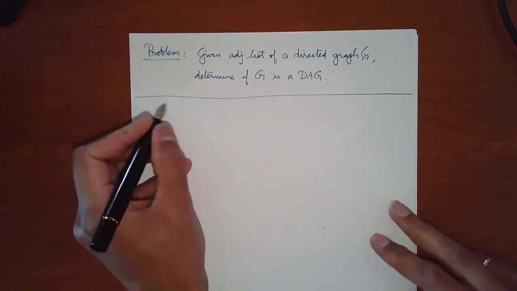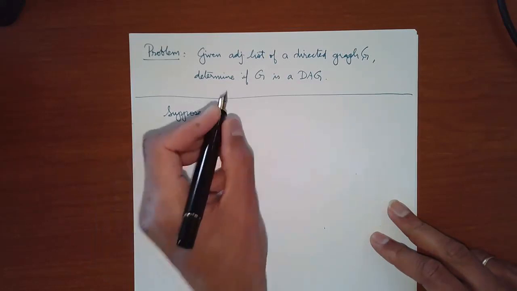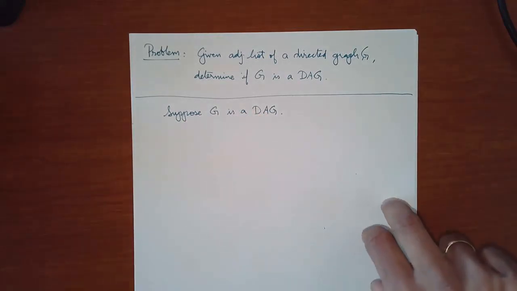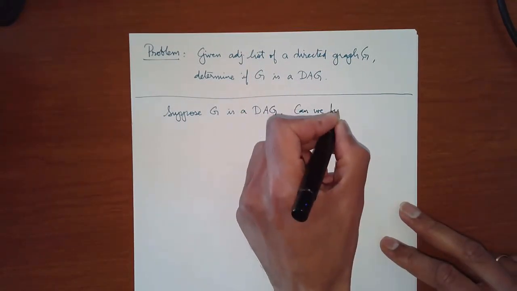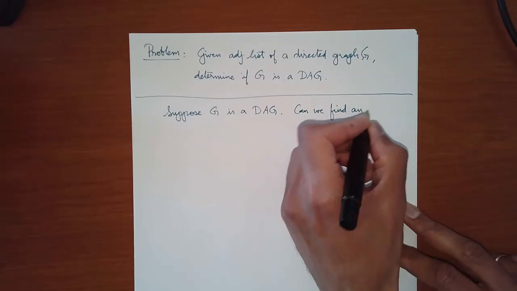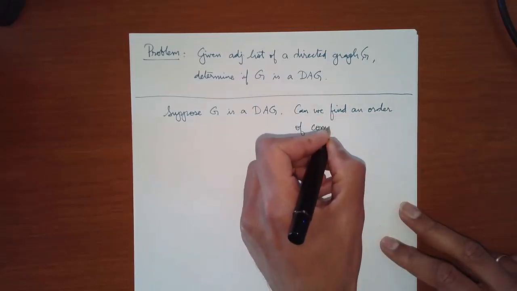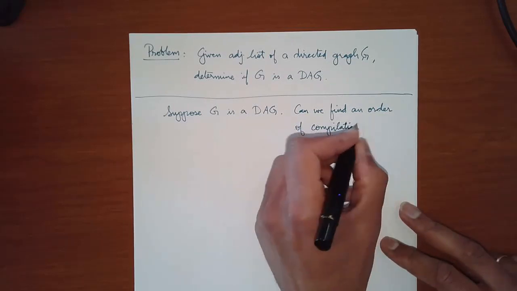The next question you might ask is, well, okay, suppose G is a DAG. Can we find an order of compilation?